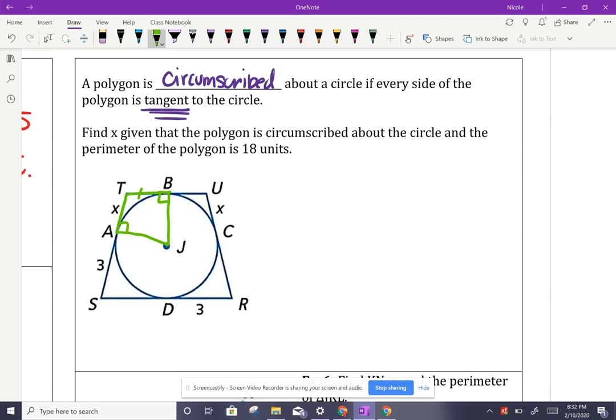And when they do that, these two pieces are congruent. But also, U connects to B and U connects to C. So these pieces also make right angles and are congruent to each other.